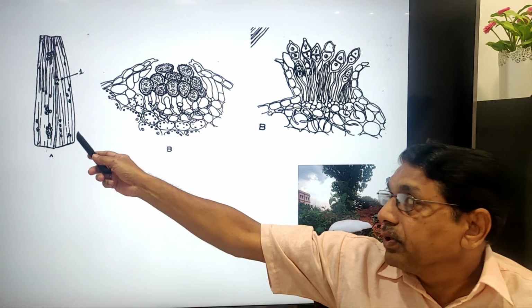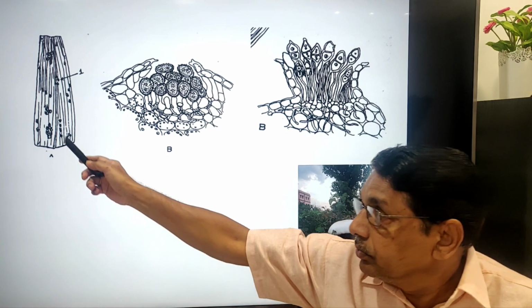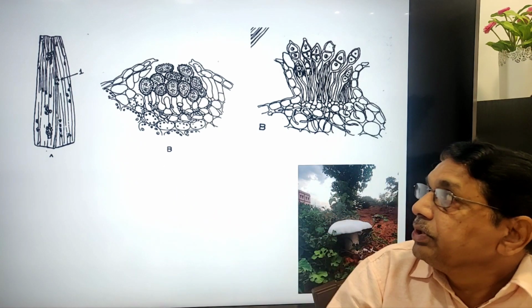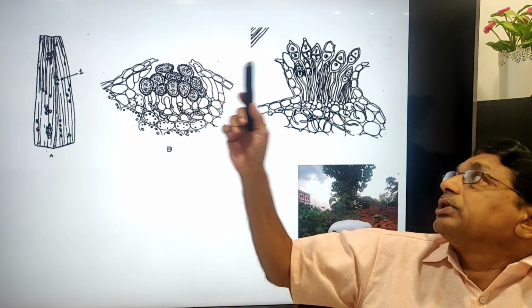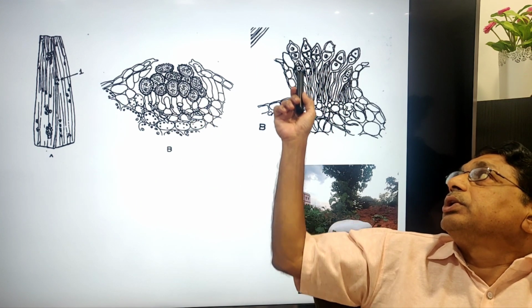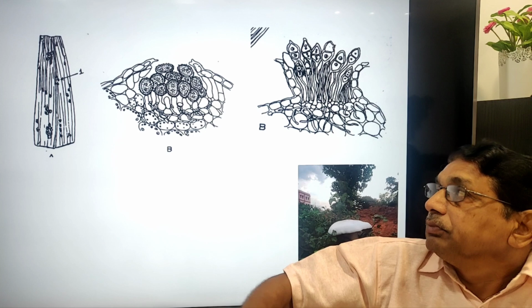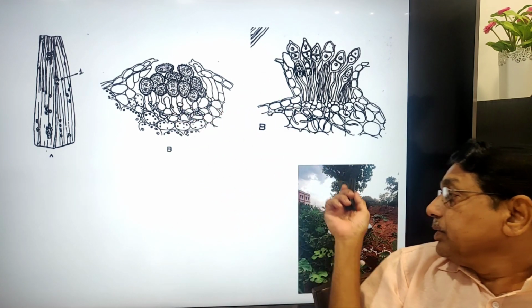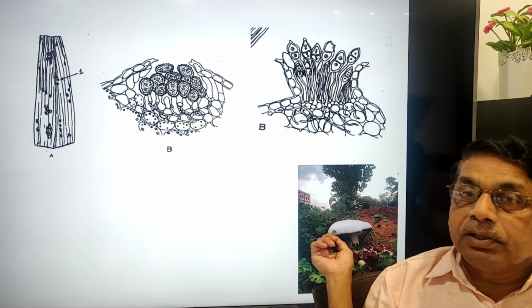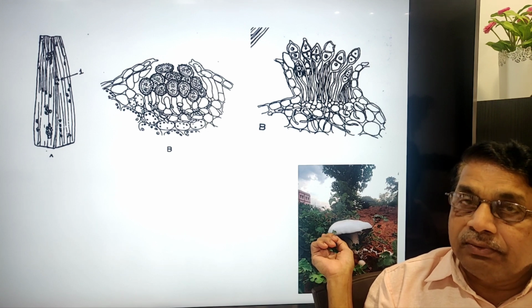So this is a rust fungus on wheat, uredial stage, telial stage, teliospores, bicelled, single-celled, binucleate. This is a typical mushroom, my own photograph.